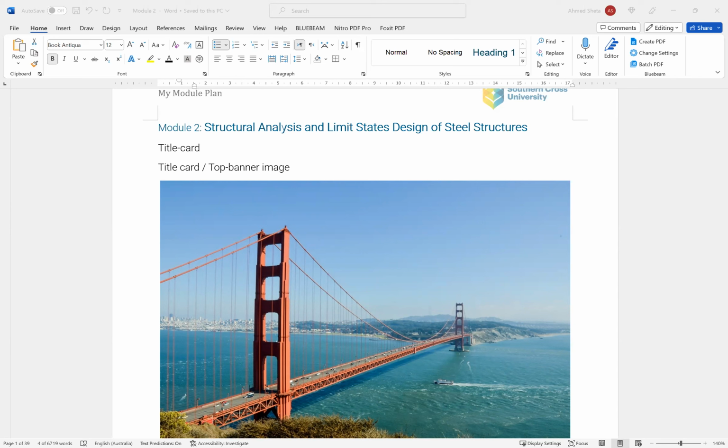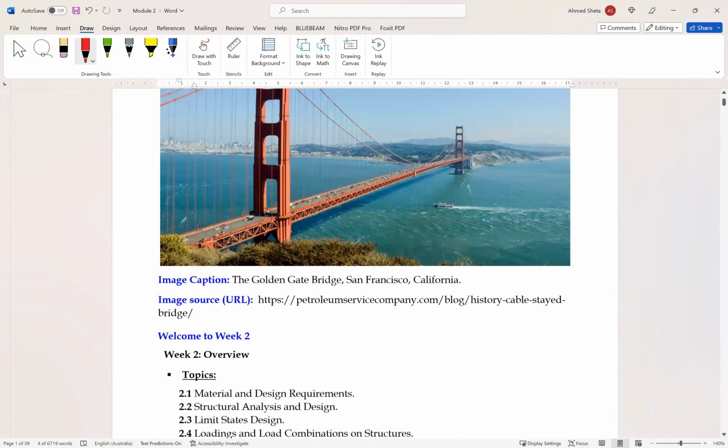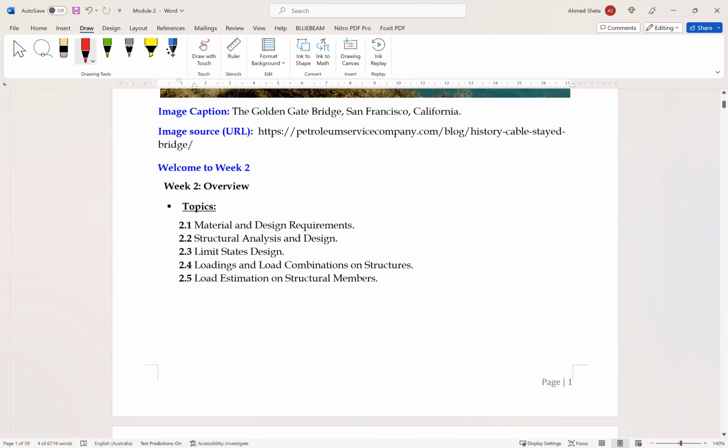Today, the topic of Module 2 is Structure Analysis and Limit State Design of Steel Structure. Today we will have 5 topics. The first one is Material and Design Requirements. Second topic is Structure Analysis and Design of Steel Structures.